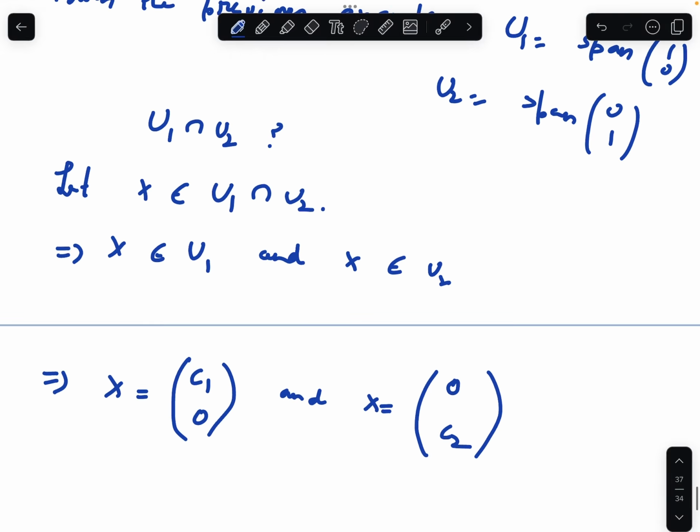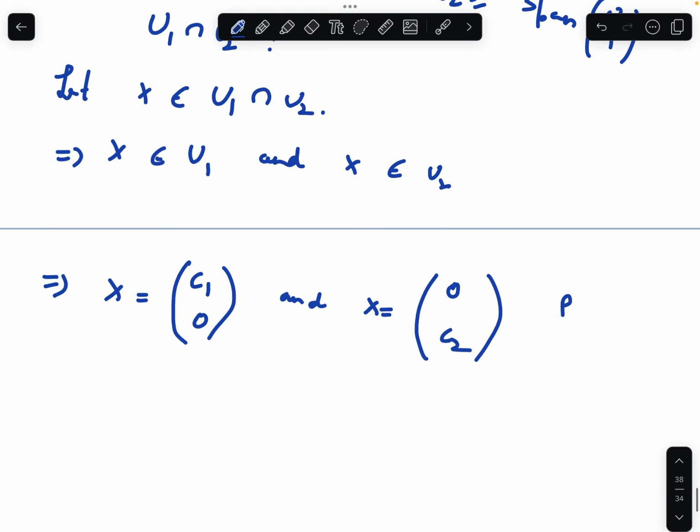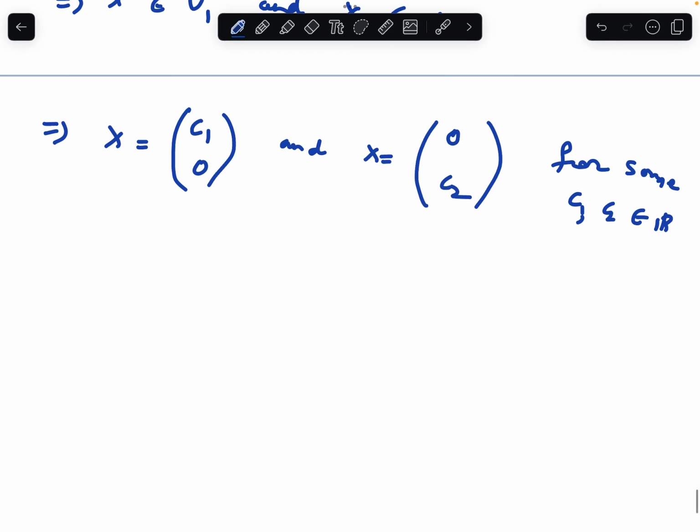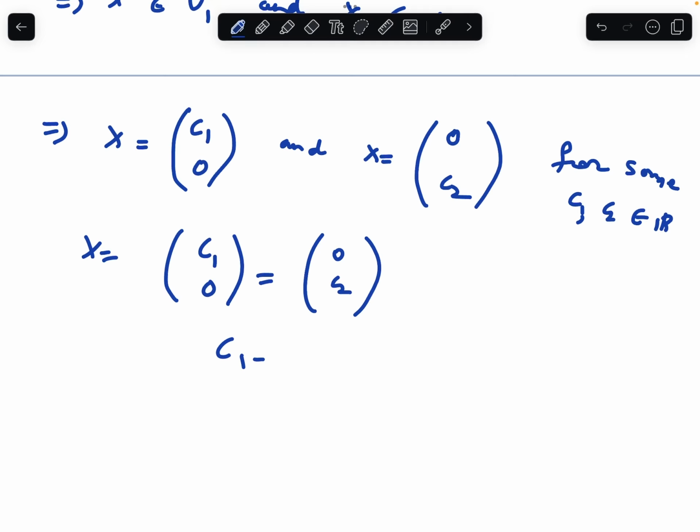U2 is span of (0, 1), for some real numbers c1, c2. Now we can equate these to get (c1, 0) equal to (0, c2), and this gives us c1 equal to c2 equal to 0.